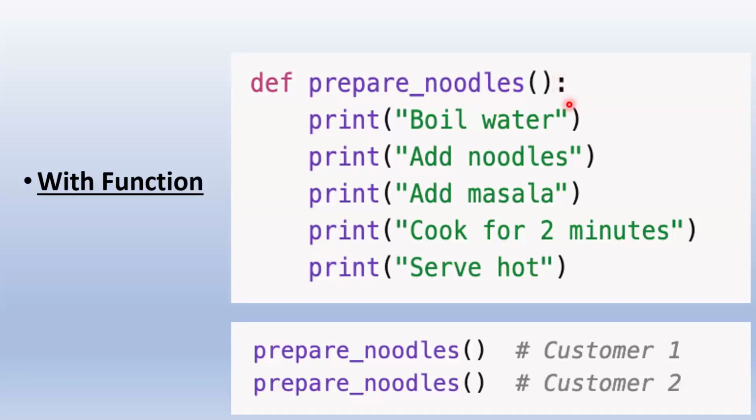You have to put a colon over here, and then indentation, so that the interpreter will know that these statements are inside this particular function. Print: boil water, add noodles, add masala, cook for 2 minutes, serve hot. So you have written all 5 steps inside this definition, inside this function named prepare_noodles.